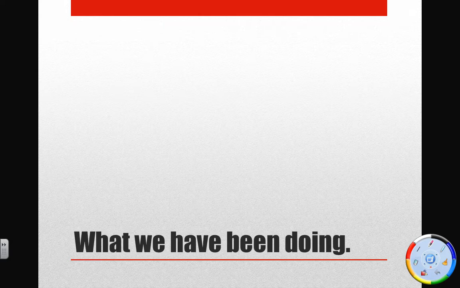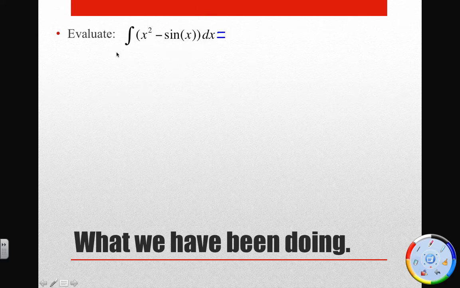All right, so let's look at an example, something we've kind of become familiar with already. If I was to take the antiderivative of this, or evaluate this indefinite integral, I would look to see, well, what function's derivative is x squared? Well, I know the derivative of x to the third is x squared. But not quite. It would actually be 3x squared. So I would have to divide by 3 so I could cancel the 3's and make x squared.